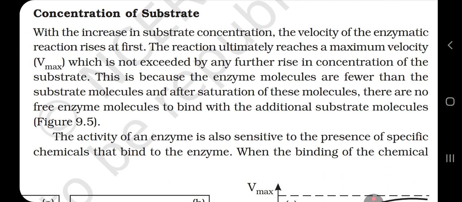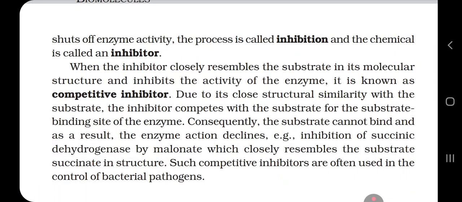The activity of the enzyme is also sensitive to the presence of specific chemicals that bind to the enzyme. When the binding of a chemical shuts off the enzyme activity, the process is called inhibition and the chemical is called the inhibitor. When the inhibitor closely resembles the substrate in its molecular structure and inhibits the activity of the enzyme, it is known as a competitive inhibitor.